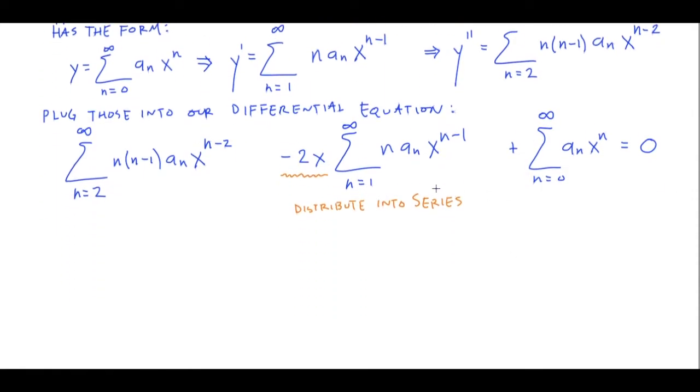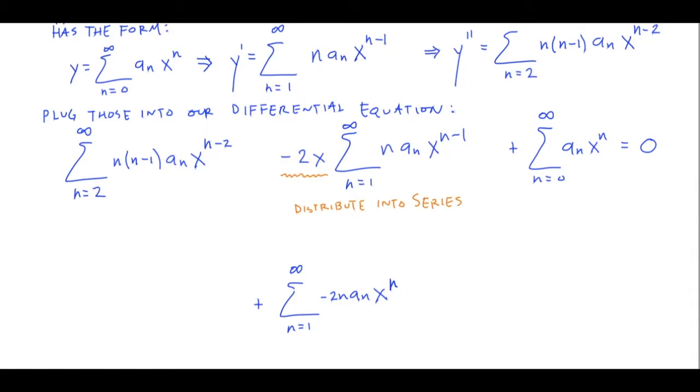Let me write out what I think this middle series will turn into. So if I distribute this coefficient into the series, the negative 2 becomes part of the coefficients, and then this x combines with the existing x's, and each of these x terms, its power increases by 1. So instead of it being to the n minus 1, it'll be to the n.